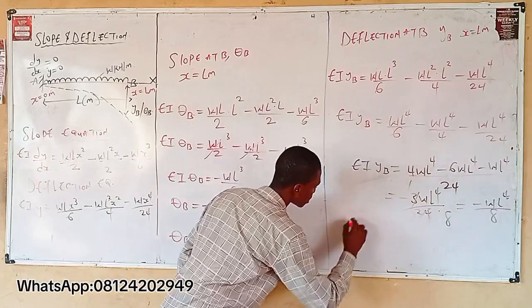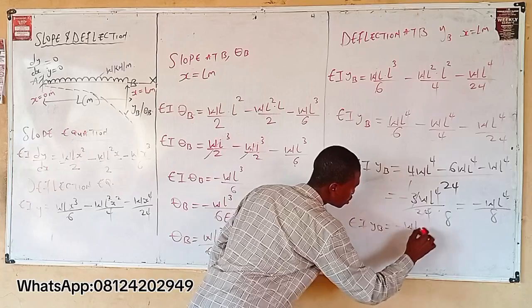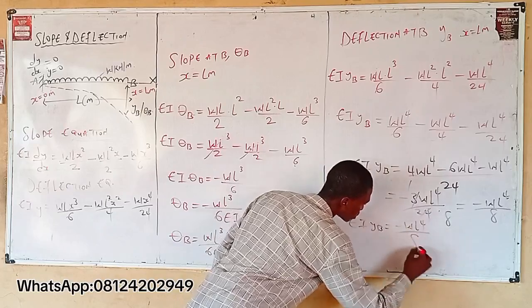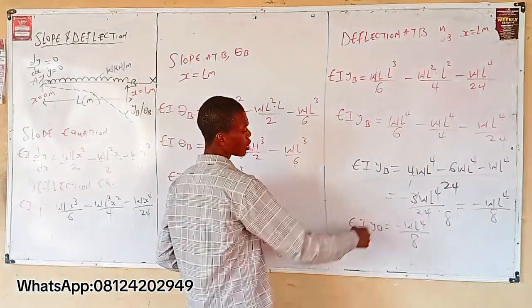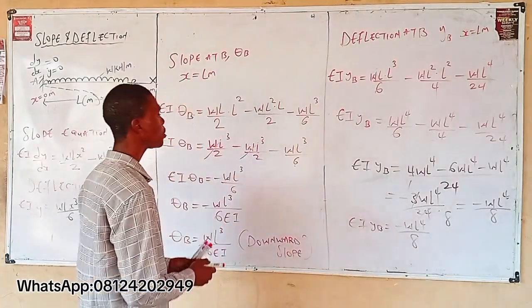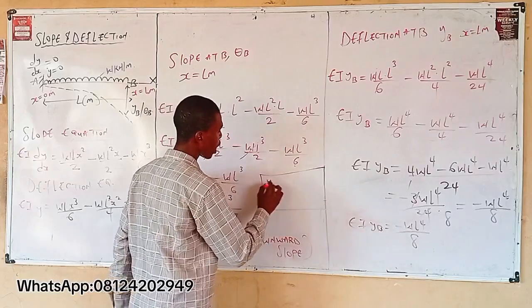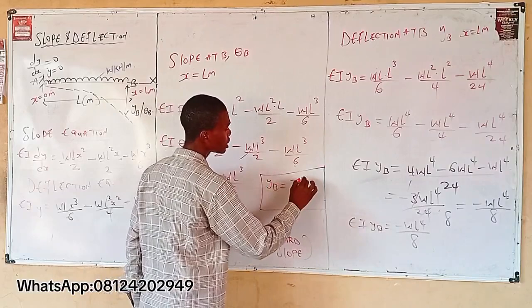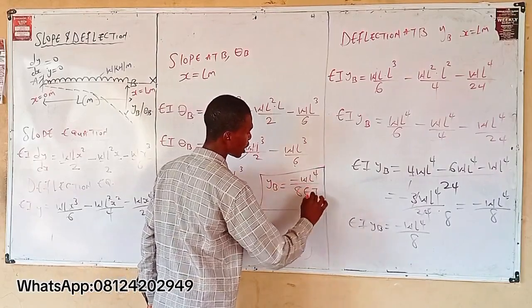Meaning that EI YB is equal to negative WL raised to power 4 over 8. Then divide both sides by EI, and you end up having YB equals negative WL raised to power 4 over 8 EI.